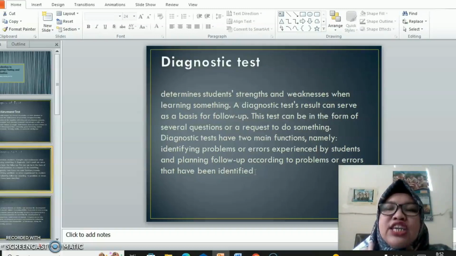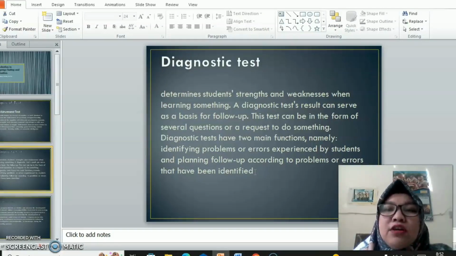So prior to teaching and learning activities, as a good teacher of English, we have to conduct the pre-test. The pre-test is the test which is conducted prior to teaching and learning activities.